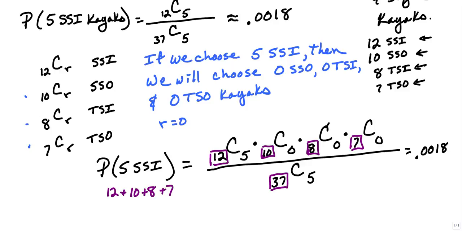And likewise, if we look at the numbers to the right of the C's, i.e. the R's, and we add those together, we end up with the R in the denominator. This gives us a template for when we are choosing multiple types of kayaks at random. So let's go ahead and do part B.